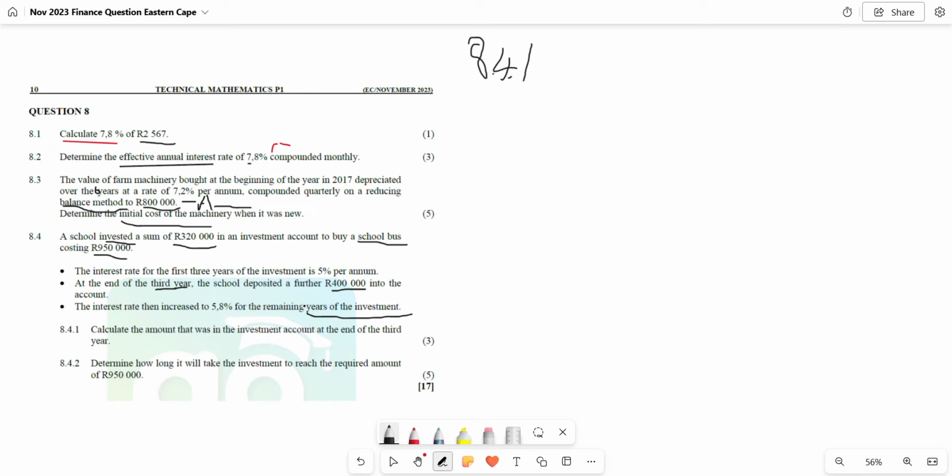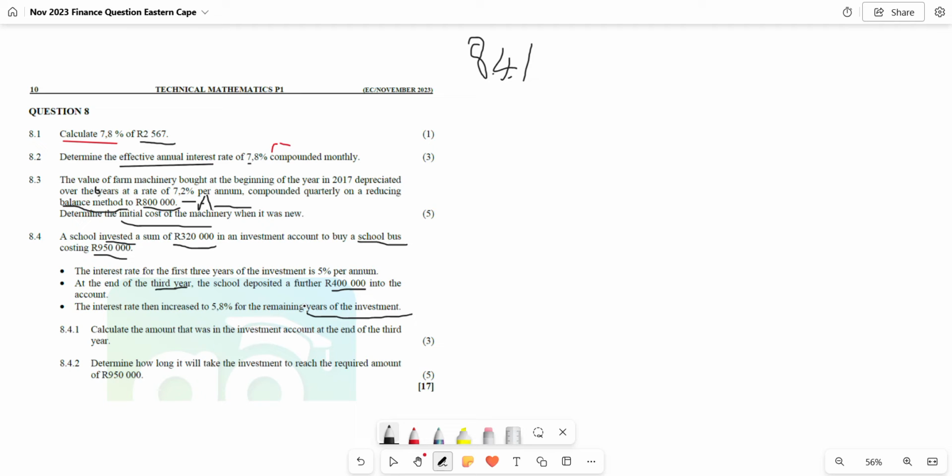If we have 2 interest rates, that is the first prescript of a timeline. A timeline has 3 prescripts. One, if we have more than 1 interest rate, it is a timeline question, meaning that to answer the questions you need to draw a timeline. Two, if you read the last question of finance and there is a further deposit after the initial deposit, that is a timeline question.